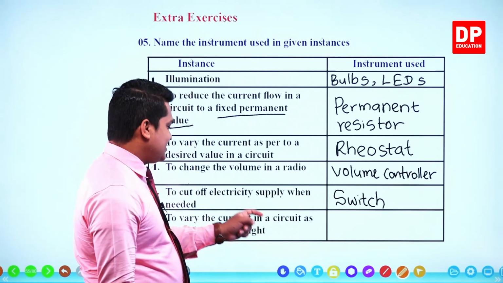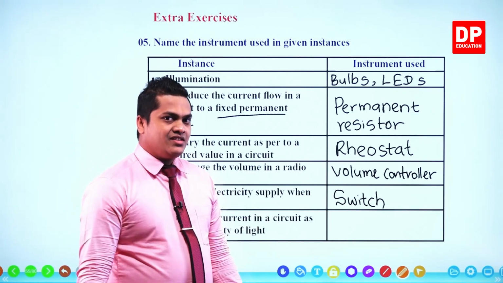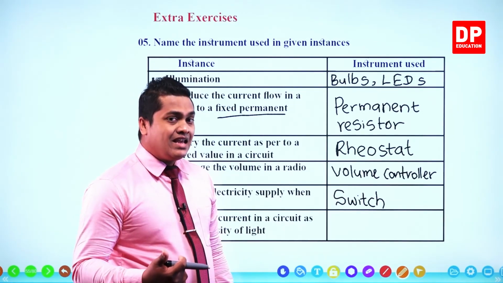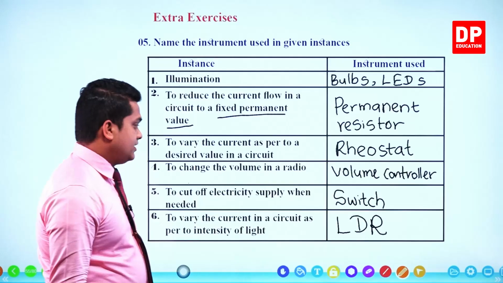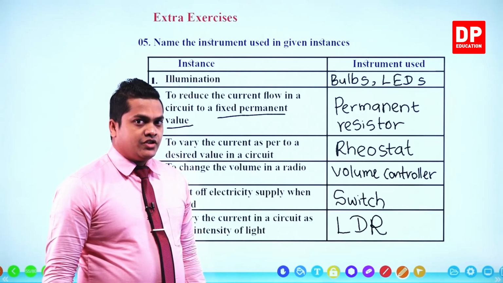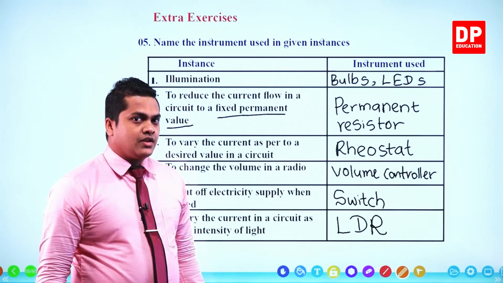Once again, it's really simple, my dear children. What you have to use is an LDR. According to intensity of light, the light-dependent resistor is going to help to change the current flow. So LDR is the answer.